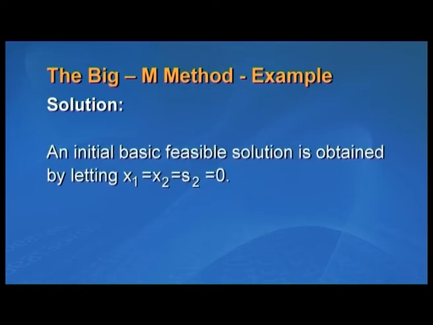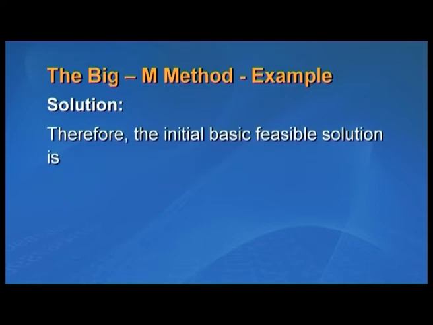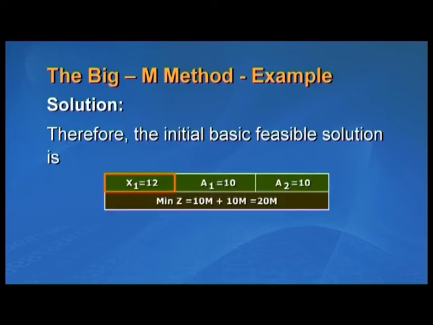An initial basic feasible solution is obtained by letting x1 equal to x2 equal to s2 equal to 0. Therefore, the initial basic feasible solution is s1 equal to 12, a1 equal to 10, a2 equal to 10, and minimum z equal to 10M plus 10M, which is 20M.